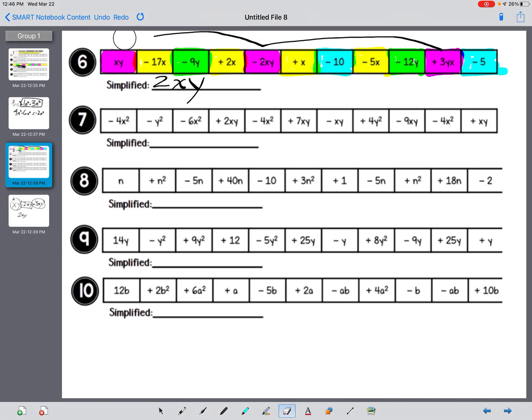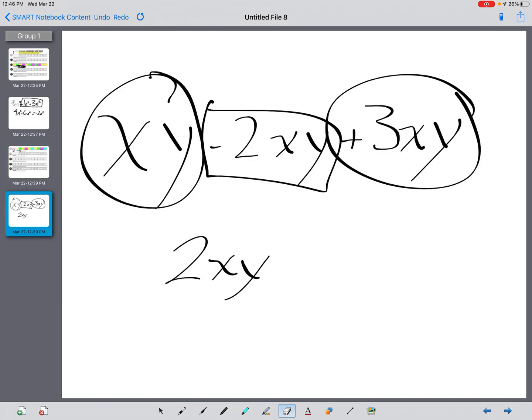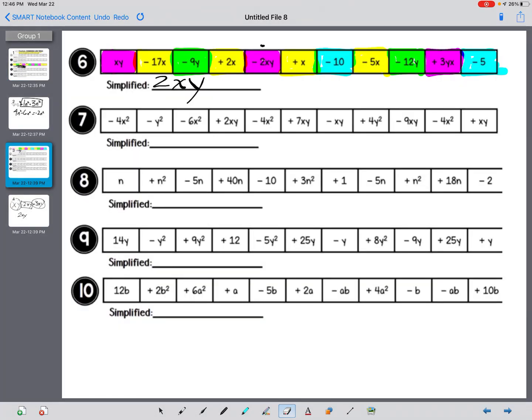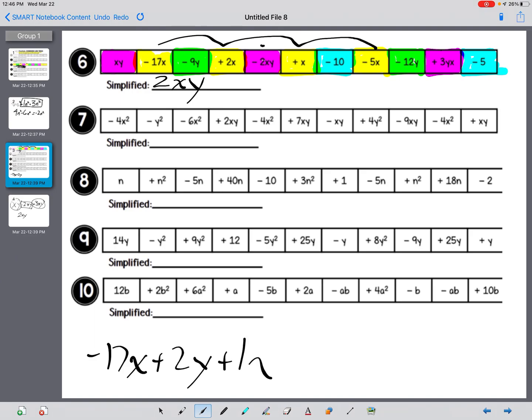So let's add the x's now. We have negative 17x, we have a positive 2x, and then we have an x, that's 1x, and then a negative 5x. Let's add this down here. Negative 17x plus 2x plus 1x, and then we have a minus 5x.